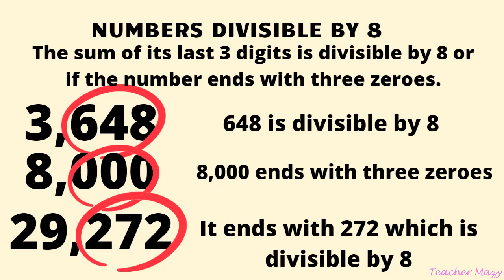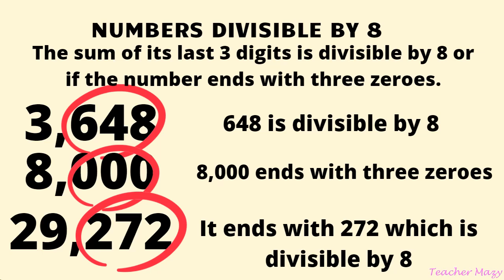Next is 29,272. So, 272. It ends with 272, which is also divisible by 8. Okay, so you don't have to divide the whole number. All you have to do is divide the last 3 digits or observe if it ends with 3 zeros.